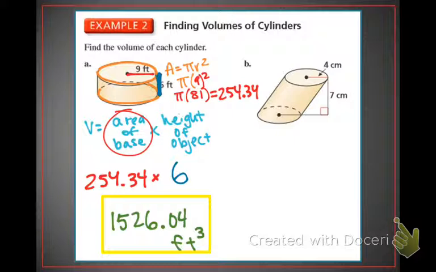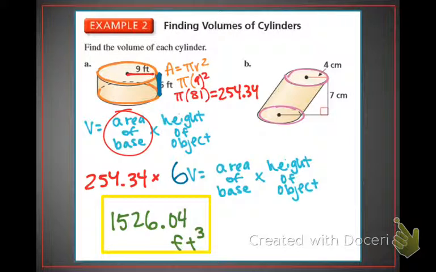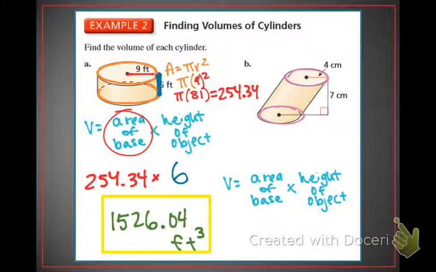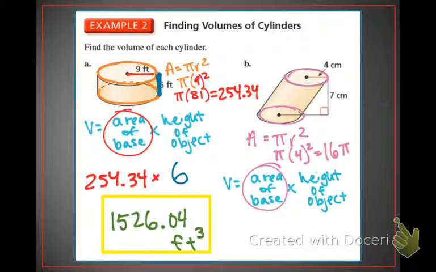All right, and then the last, we still have circle bases. So we're going to find the area of that circle. What is the radius here? 4. 4 squared is 16. And then 16 times pi, what's that going to give us? 50.24.